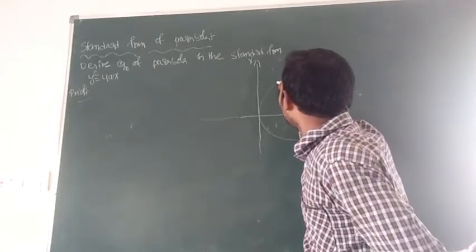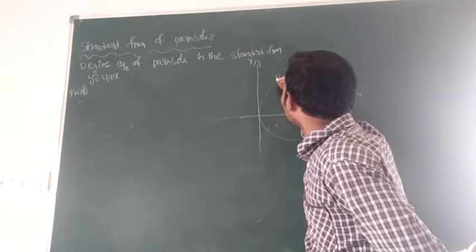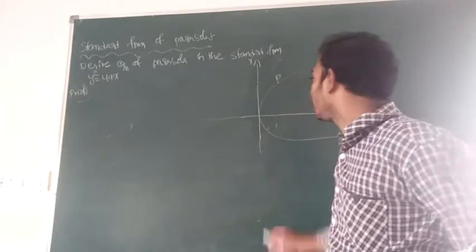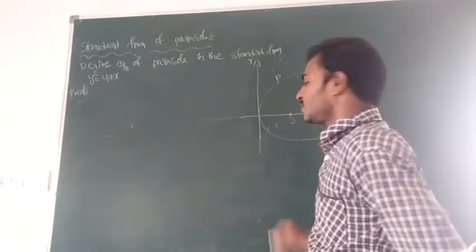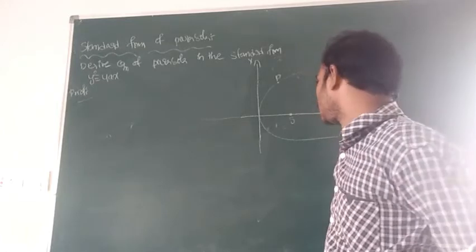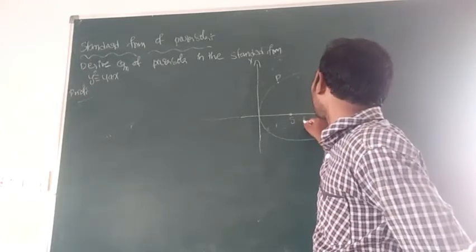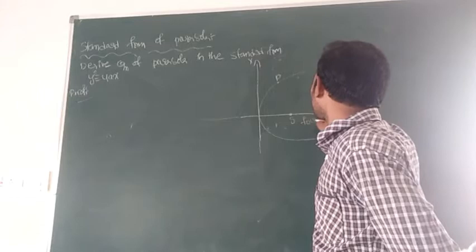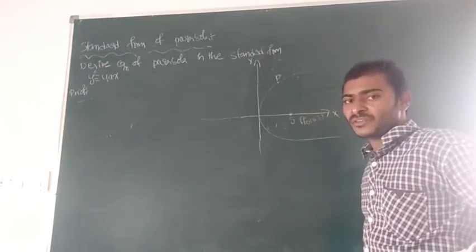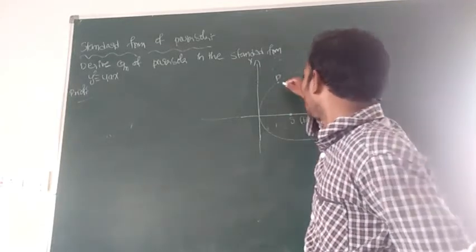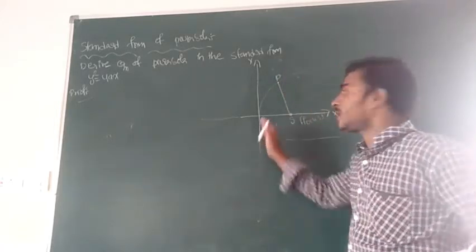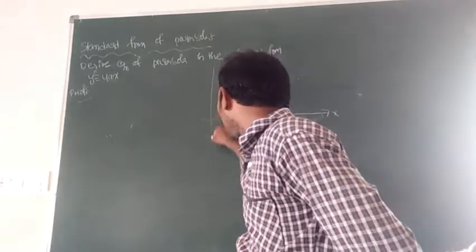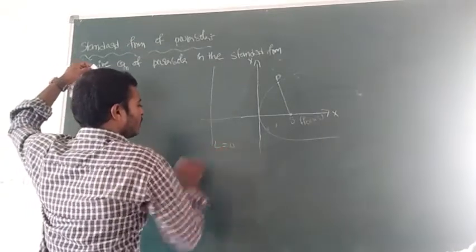Now in this parabola we take any point called P. We take a point P, and the fixed point we take as S. This fixed point is called the focus. S is the focus. Now we join these two points and we take one fixed line, L equal to 0.